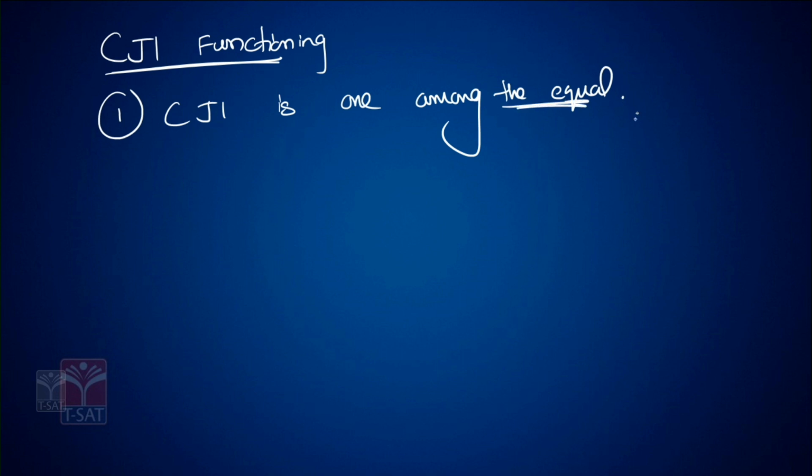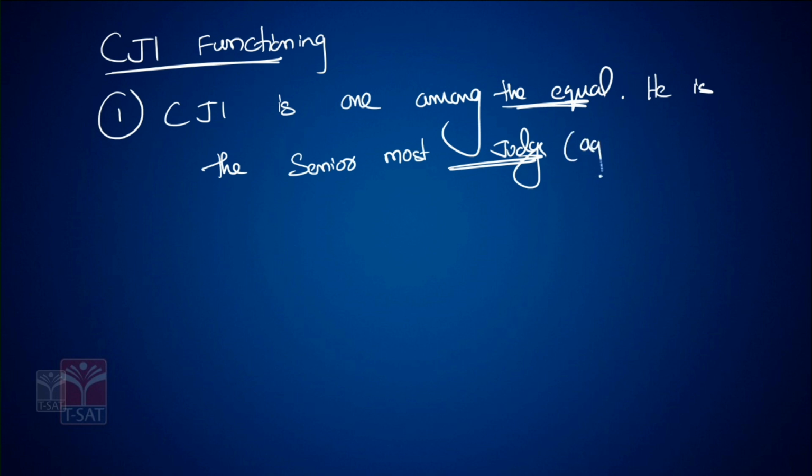He is made the Chief Justice because he is the senior most judge in terms of age. Retirement age of Supreme Court judges is 65 years.